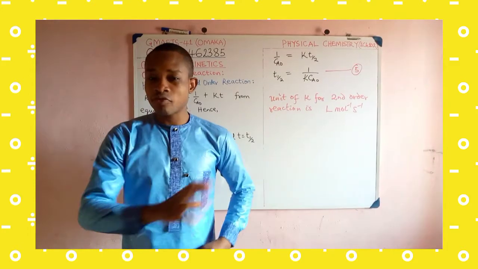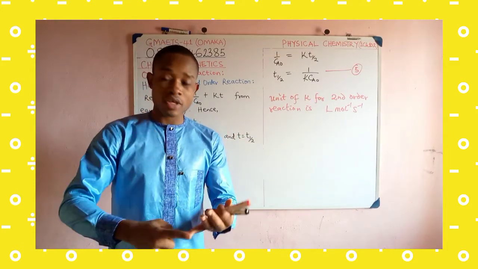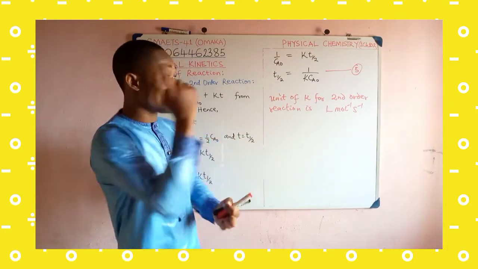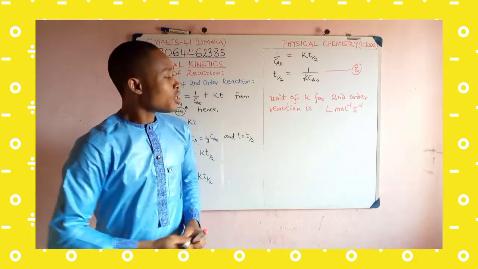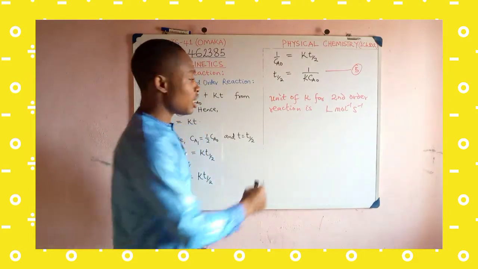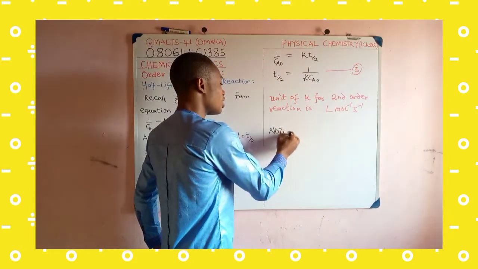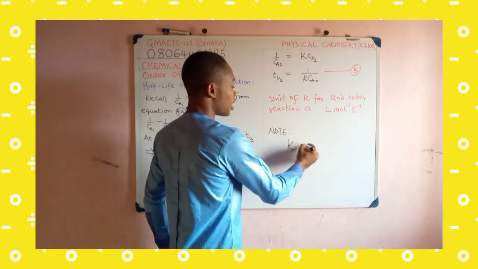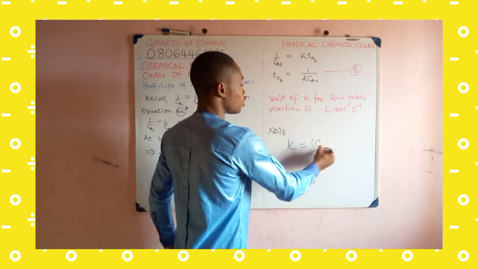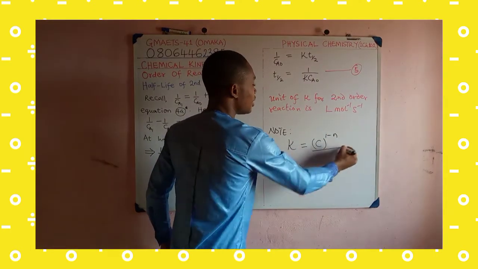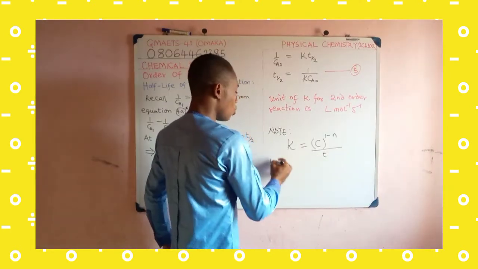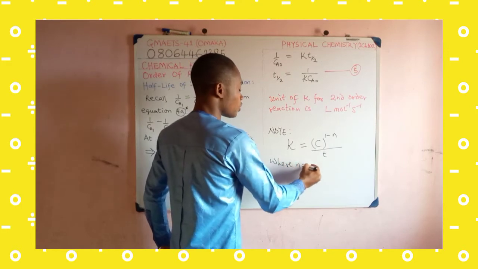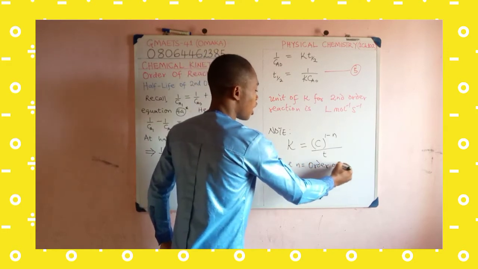In fact, after looking through the unit of zero order, first order, and now second order, it was discovered that dimensionally we can say that the unit of K can be obtained from this. We know that K is equal to concentration raised to power 1 minus N divided by T, where N equals the order of the reaction.